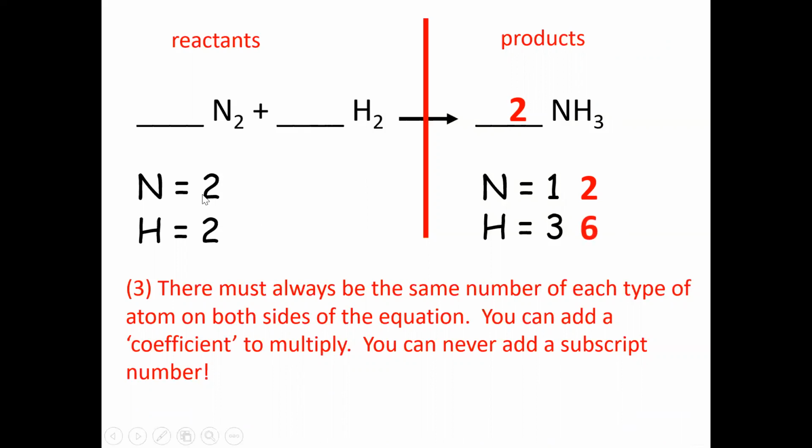So now my nitrogens are balanced, but my hydrogens aren't. To get 6 hydrogens over this side, like I've got over here, you would put a 3 in front of hydrogen there. You've now got 2 times 3, which is 6 hydrogens. So now my equation is balanced.